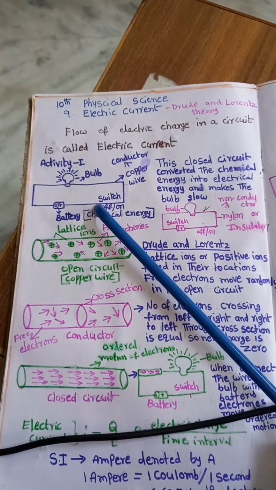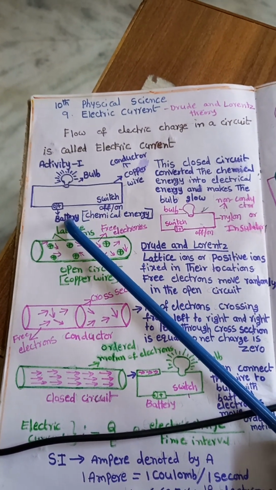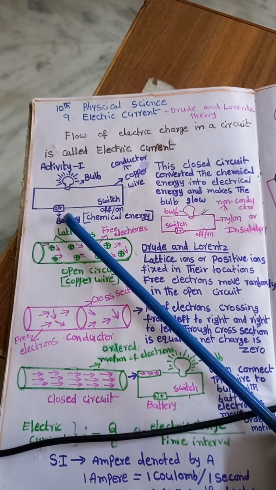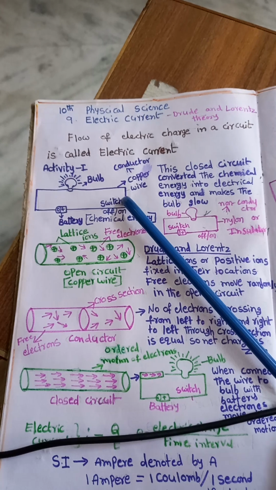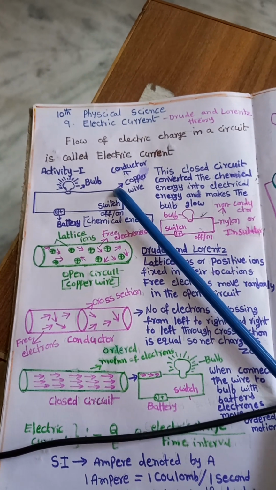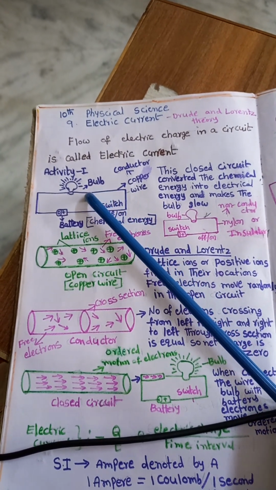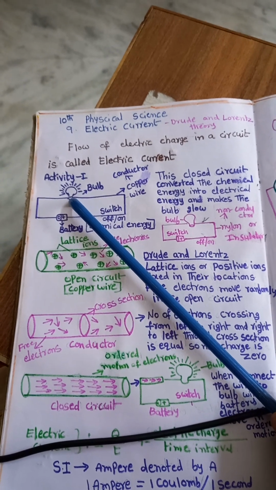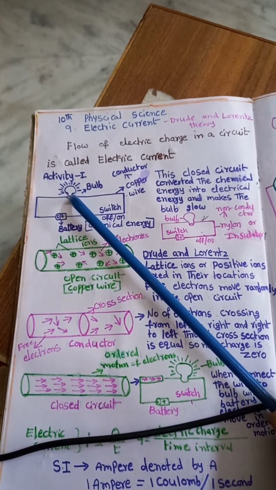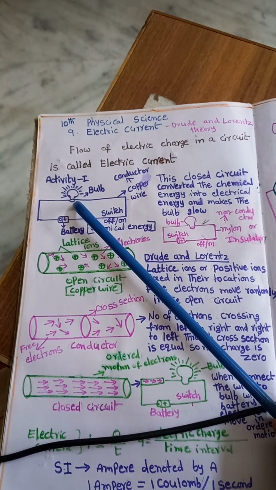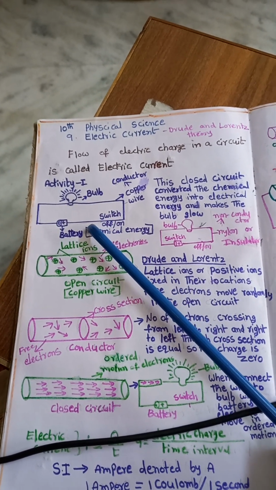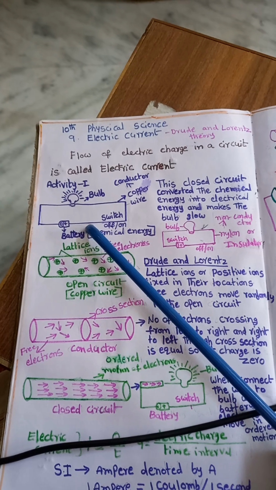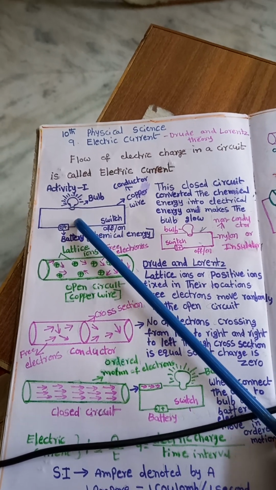So when we switch on, the chemical energy from the battery is converted into electric energy, and this charge goes to the bulb and the bulb starts glowing brightly. When we switch off, automatically the bulb turns off.